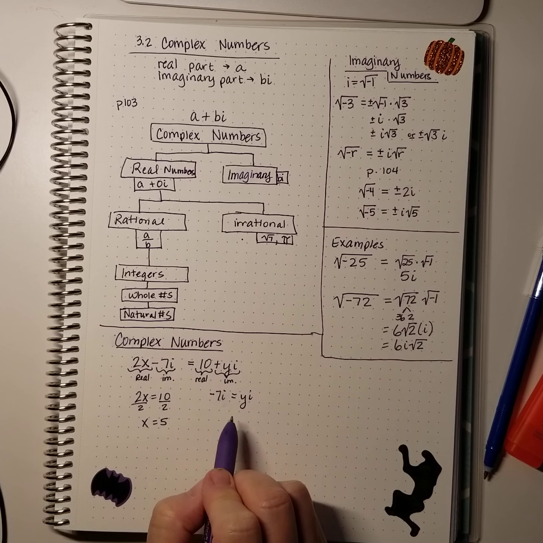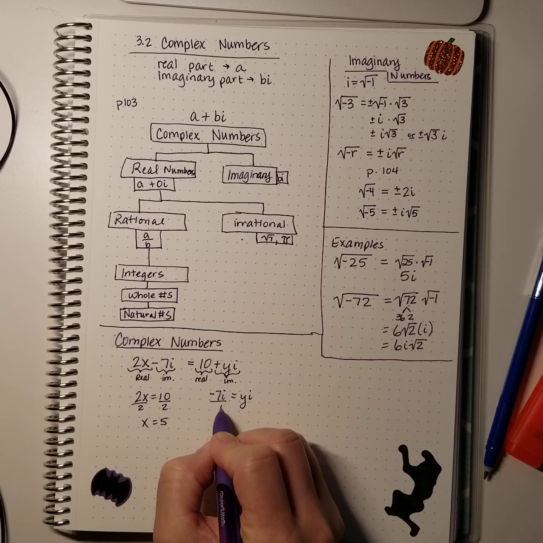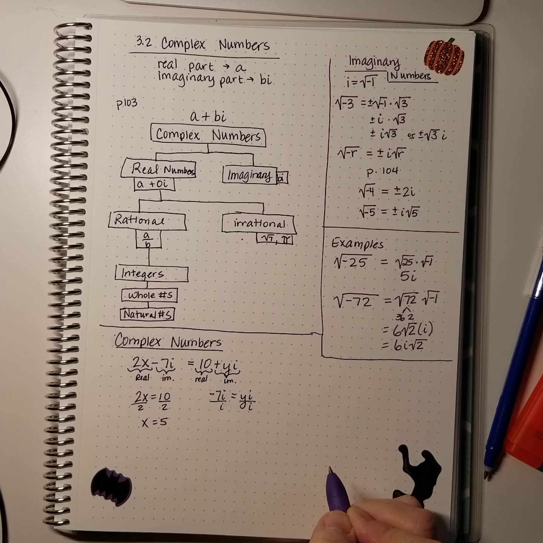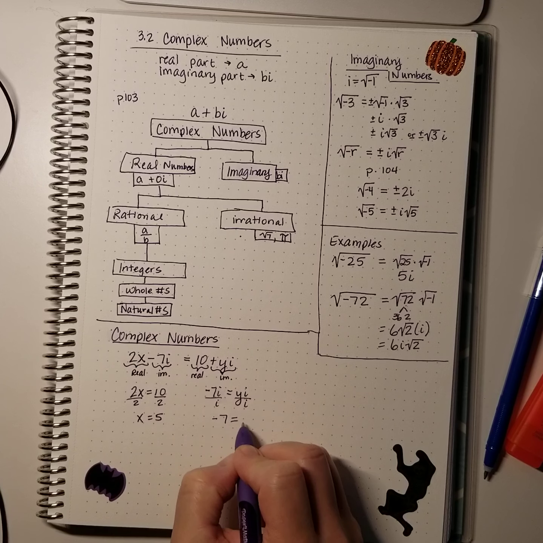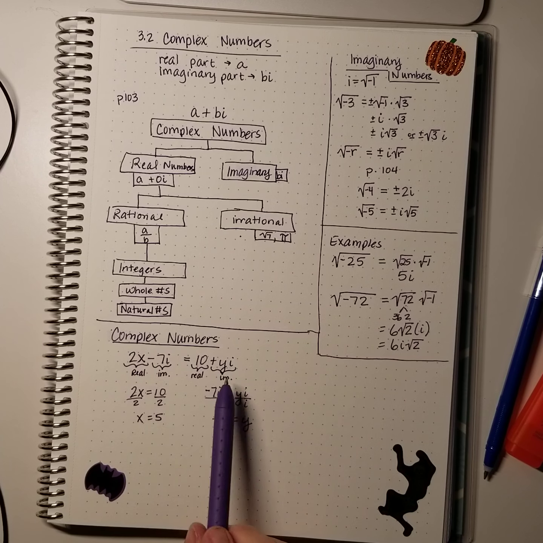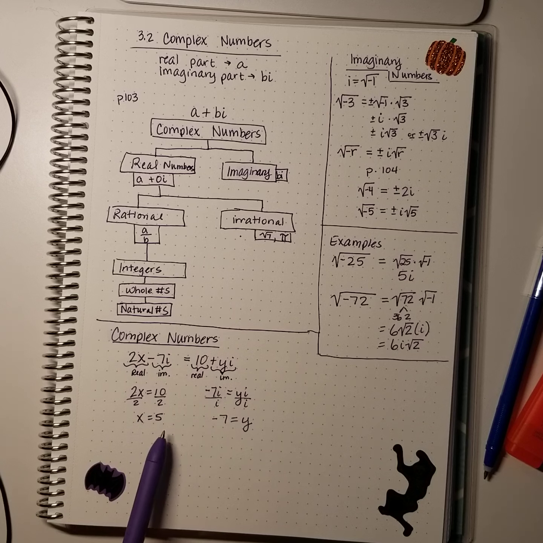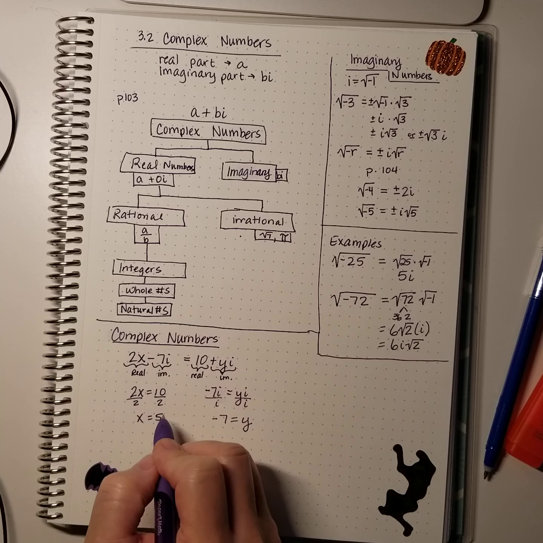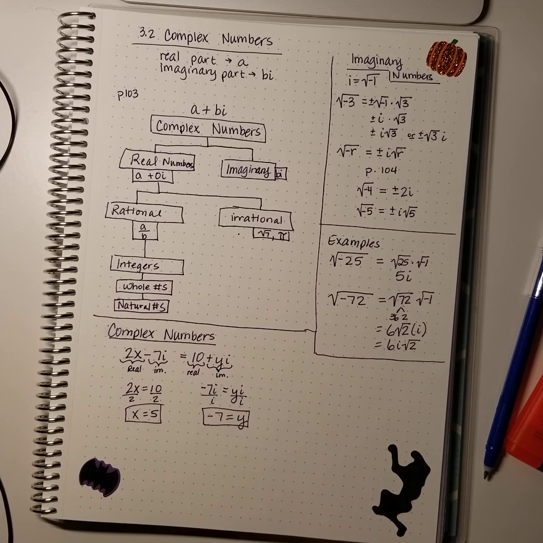Here, what we're going to do is divide both sides of the equation by i. And so they cancel each other out, and we're left with negative 7 equals y. And that just makes sense, because if negative 7i equals yi, then y must be negative 7 also. Okay, so these are our solutions here. So we get x equals 5 and y equals negative 7. Kind of interesting, right?